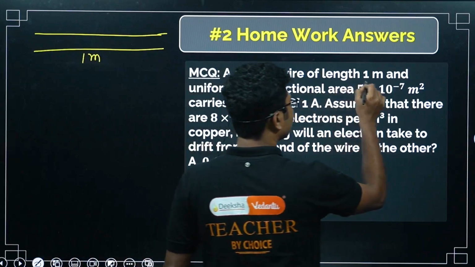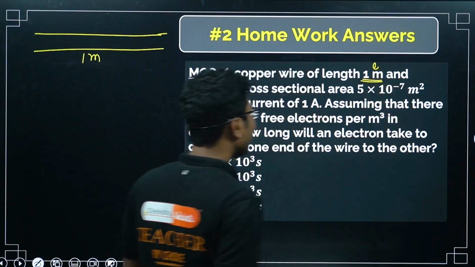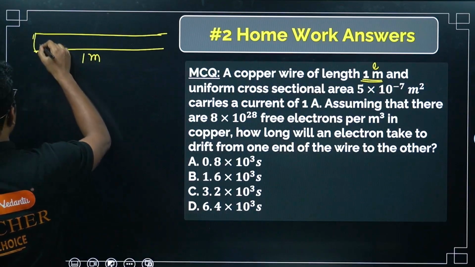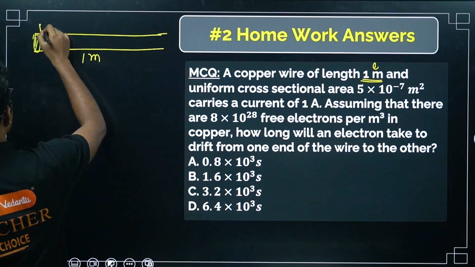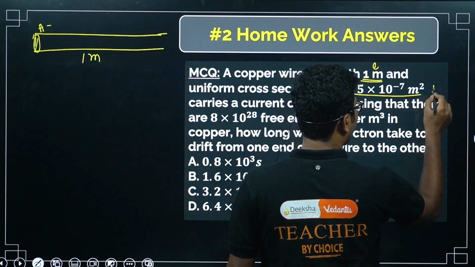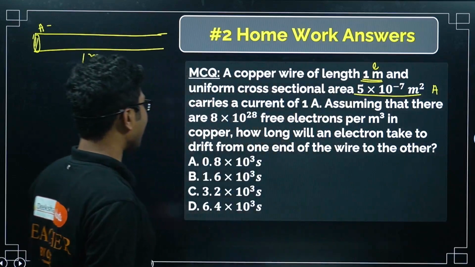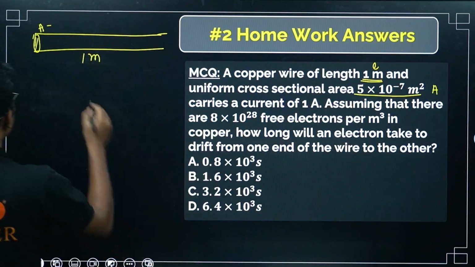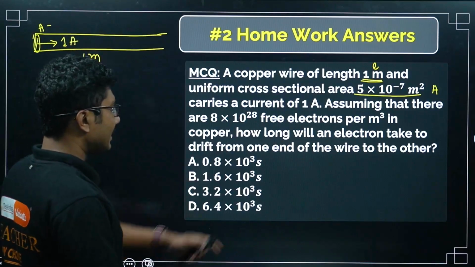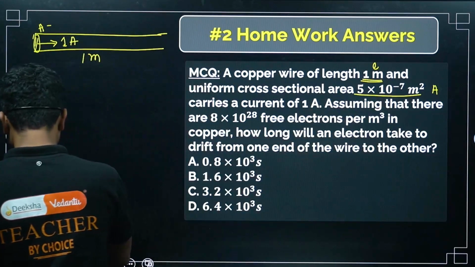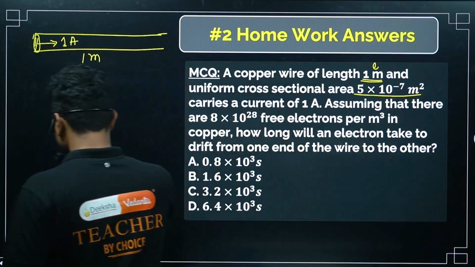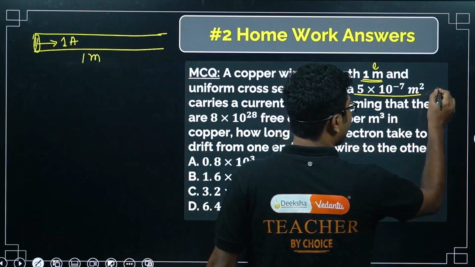This is the length. And the cross sectional area is given by 5 times 10 to the power of minus 7 meter square, and it carries a current of 1 ampere. Here this A is the cross sectional area, so there may be some confusion. Let me remove the confusion and make the cross sectional area small a, because current is also ampere.